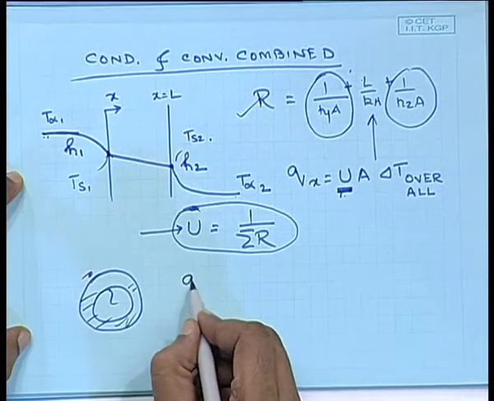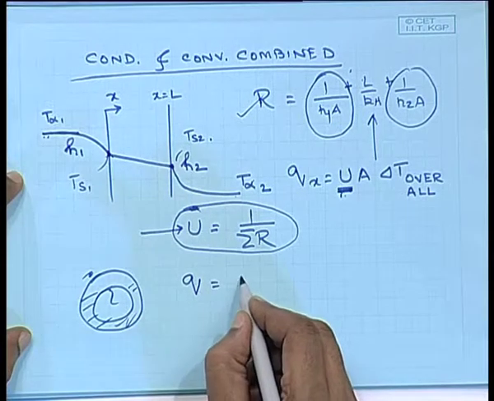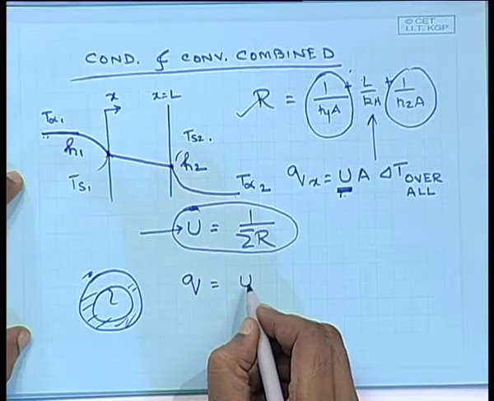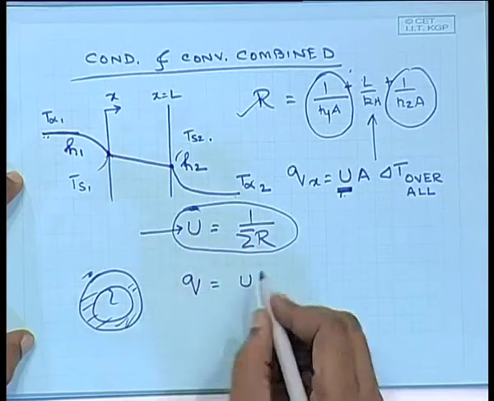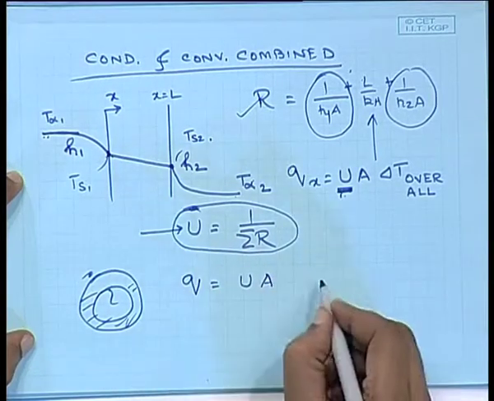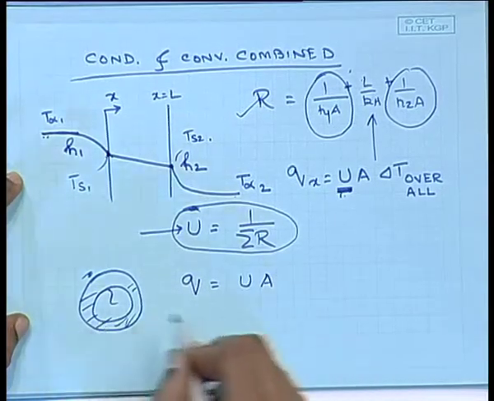Now, the total amount of heat which flows can be expressed using our convention of overall resistance UA. Now, should there be any subscript to UA for a cylindrical system? What U are you talking about?